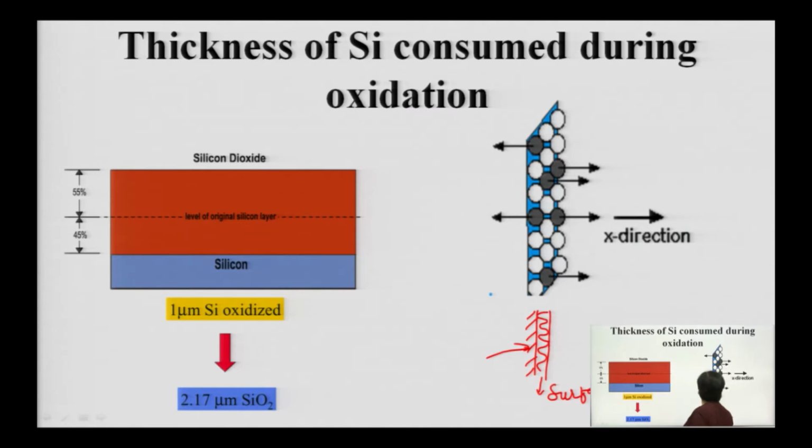What happens is that the oxidizing species penetrate into the silicon, and then the oxide layer growth starts. For every 1 unit of oxide layer growth, 0.44 units of silicon are consumed and then the oxide layer is grown above it.